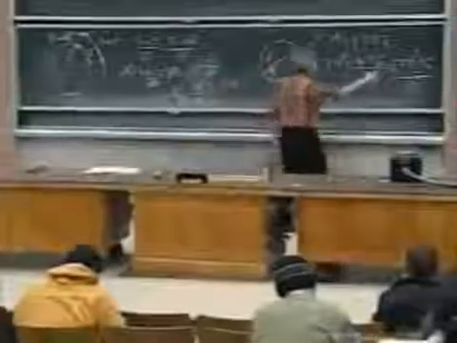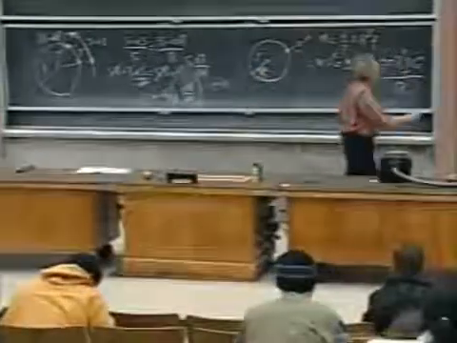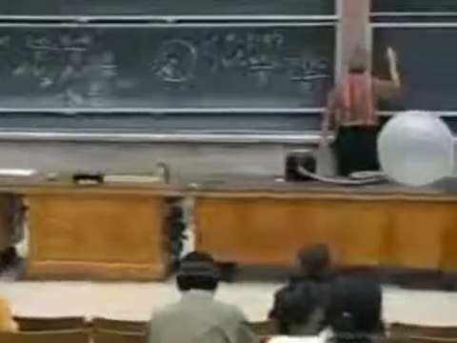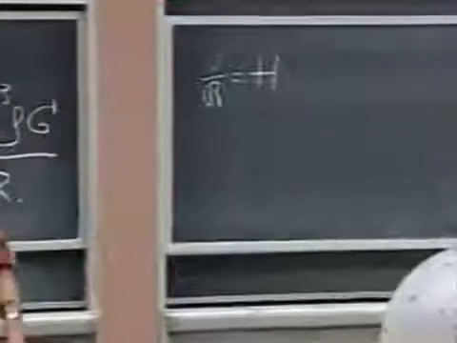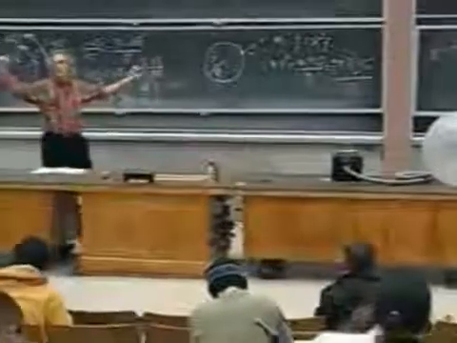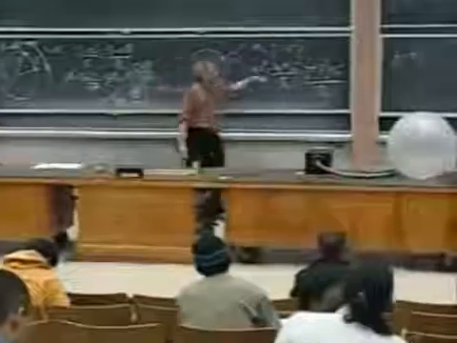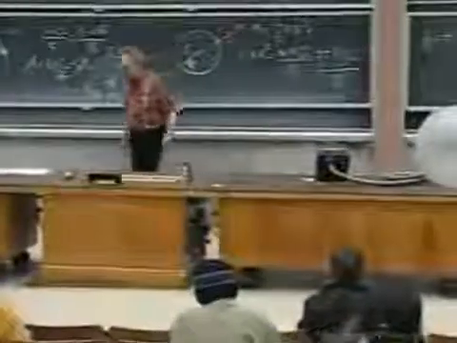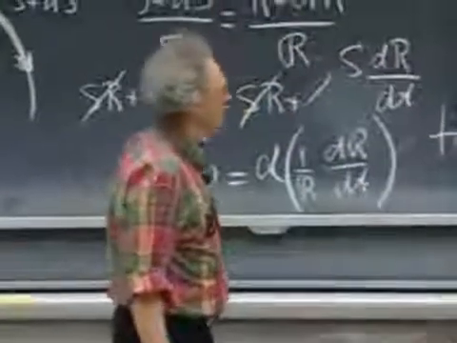And so if I have an r squared here and a v squared here, remember that v divided by r is Hubble's constant, because r is d, the distance between us and the galaxy. And so v squared divided by r squared is the Hubble constant as we measure it today, squared.